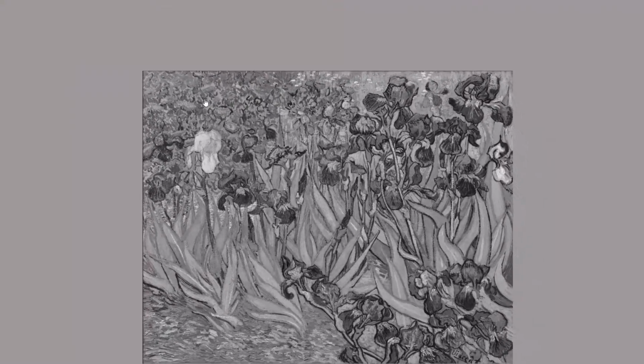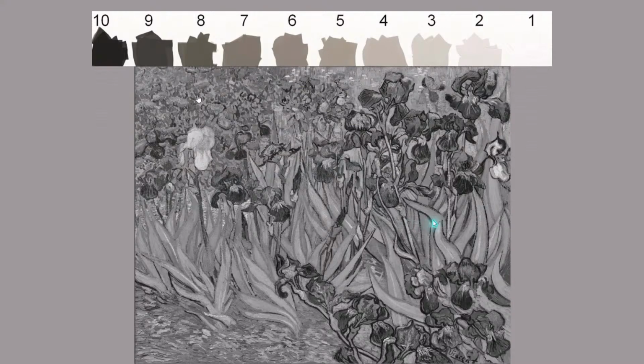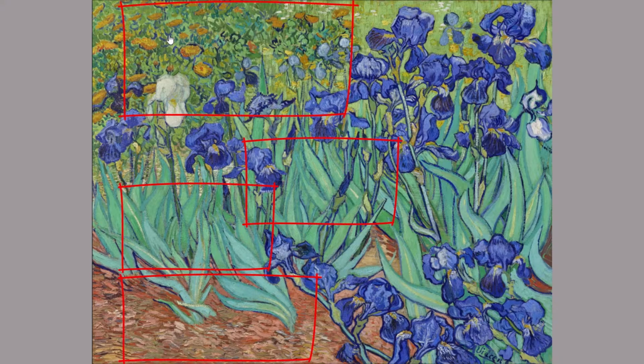We can see the effects of a very close value relationship in this painting of Irises by Van Gogh. I've taken the color out and put the value scale up so that you can see just how close he's kept those value relationships. We put those colors back in, and we see now the full effect of hue and the saturation of hue within those value areas.